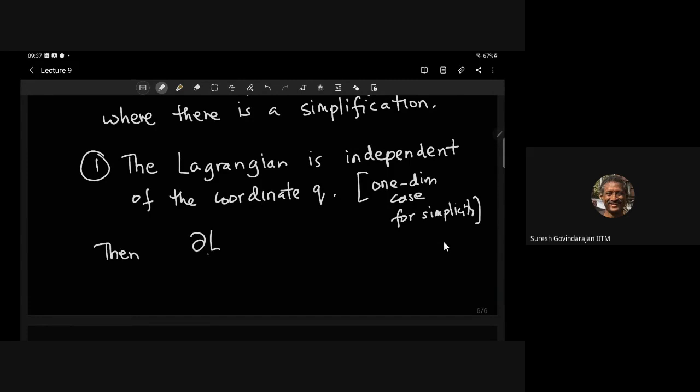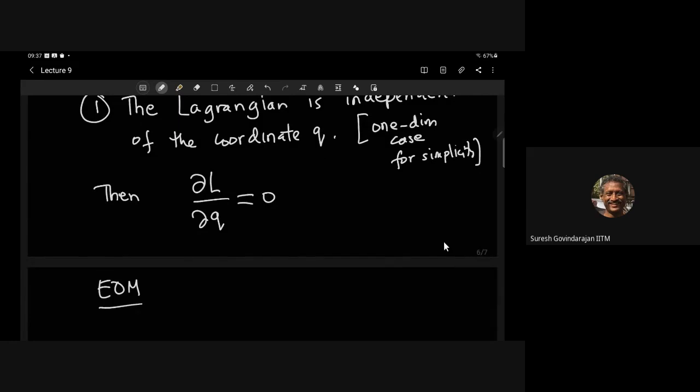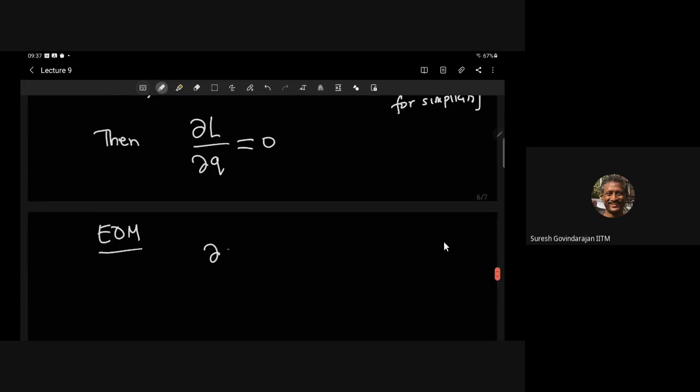It means dL by dq, what can we say about dL by dq? It is 0. What happens to the equation of motion? The equation of motion becomes very simple. It says d by dt of dL by dq dot is 0. So it becomes very simple, and we can do one integration easily.